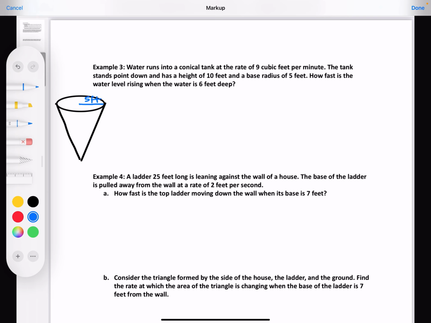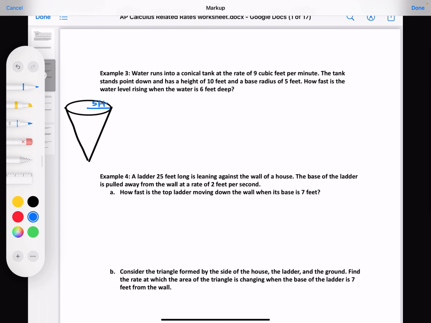The entire height from top to bottom is 10 feet. And then we want to know when the water is 6 feet deep. So when our water level is a little over halfway, we want to know what's happening.